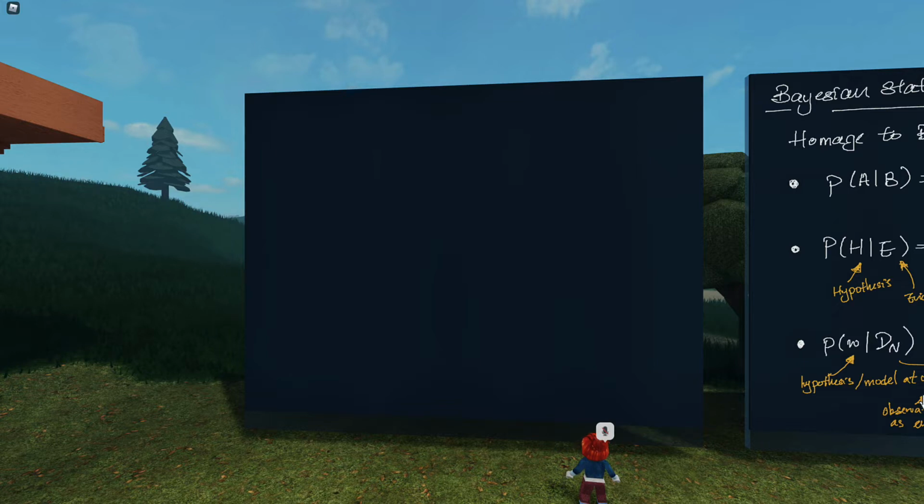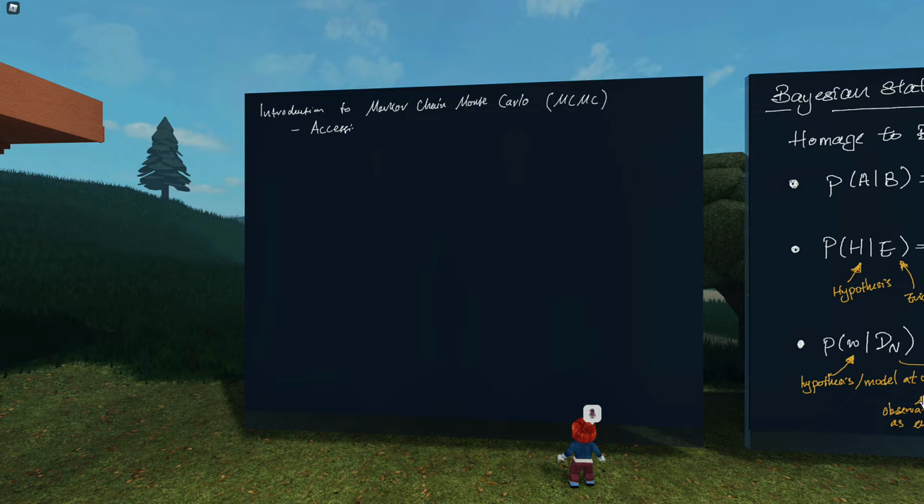So this morning I am going to give an introduction to Markov Chain Monte Carlo, which is abbreviated as MCMC, which is one of the hallmarks of Bayesian statistics, with the catchphrase, accessing the posterior.